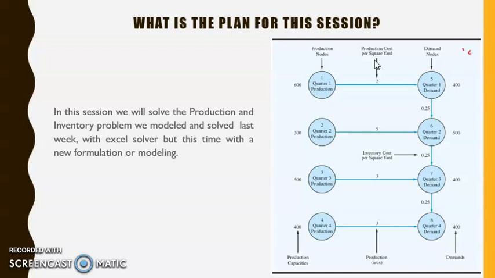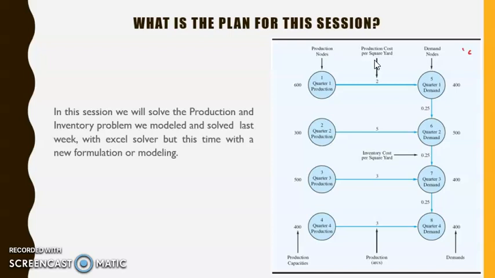But we couldn't specify how much of that X15 is going to be used in quarter 2, in quarter 3, and in quarter 4.